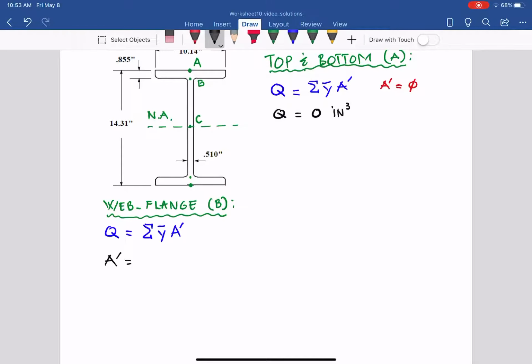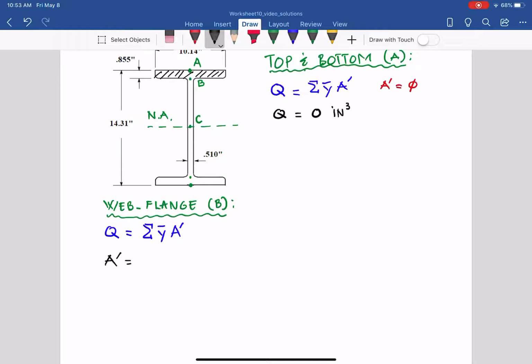So that point B to the outermost fiber, so that the area here is the area we are looking at for this A apostrophe.